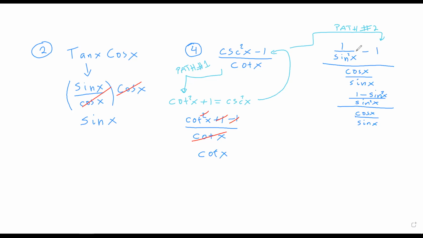So what we did here, we joined these two. The common denominator is sine squared of x. Sine squared of x divided by sine squared of x is 1. Multiplied by 1 is going to be sine squared of x. So we've got this.